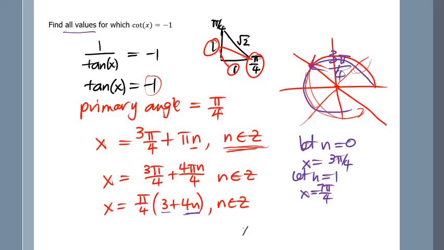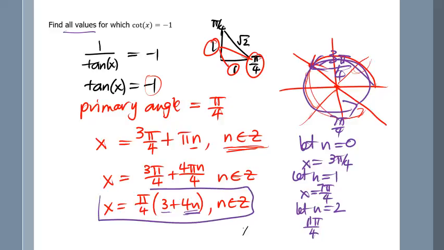Then, if I go around pi, I get to my next solution, which is 7 pi on 4. If we were to let n equal 2, I would get 3 plus 4 times 2, which is 11 pi on 4. And that would be my solution if I went around another pi. And that would continue on. So a general solution is x equals pi on 4, 3 plus 4n, n is an element of z.